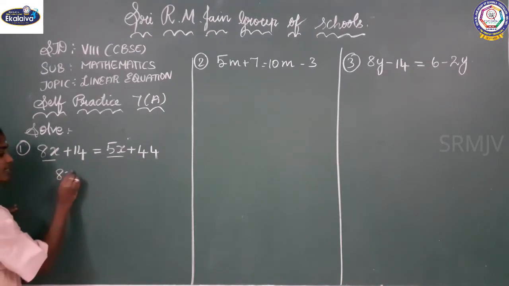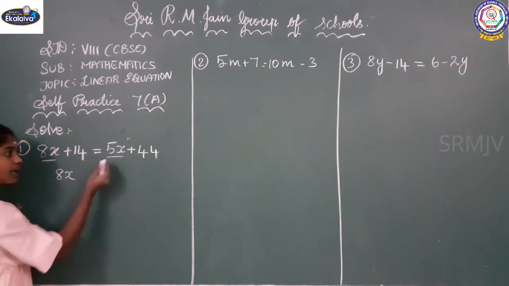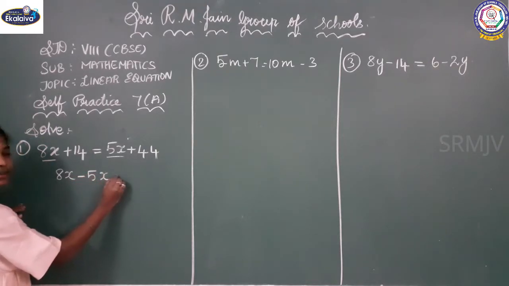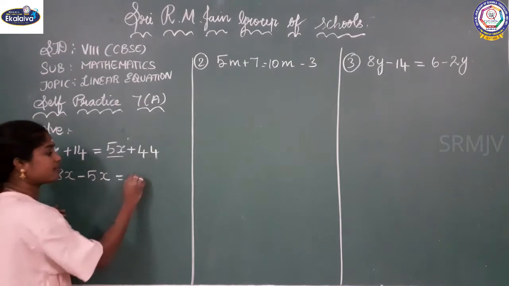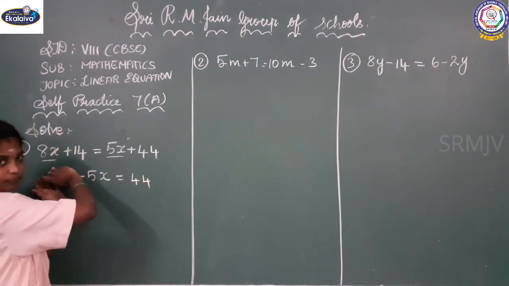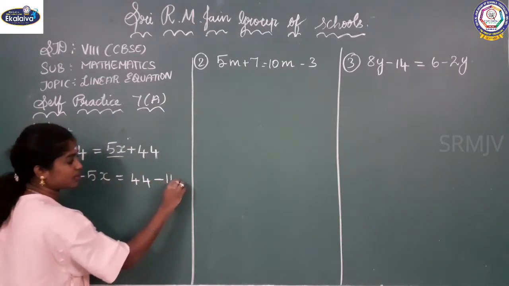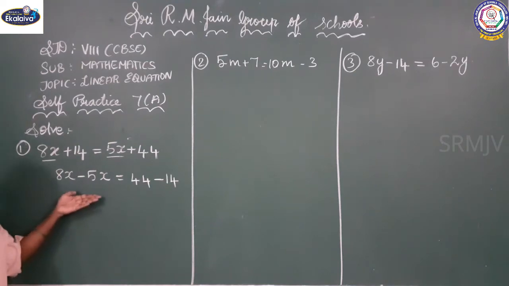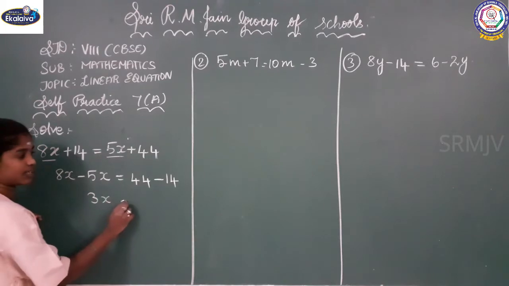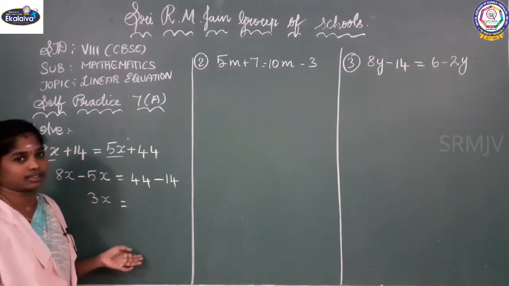So, 8x and this 5x, when I bring this side, plus 5x becomes minus 5x. And what is your plus 44? I am going to bring this plus 44 to this side means minus 14. What is 8x minus 5x? 3x. What is 44 minus 14? 30.